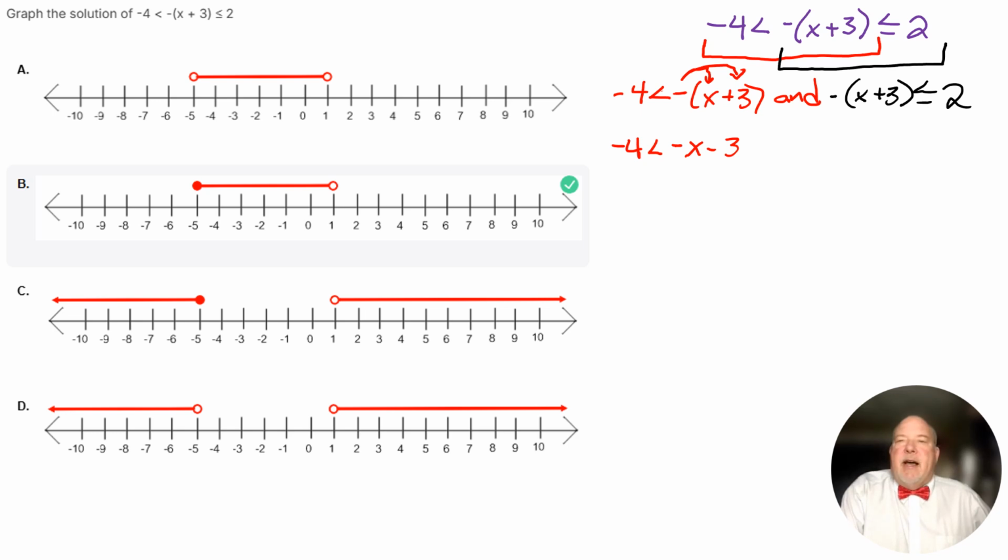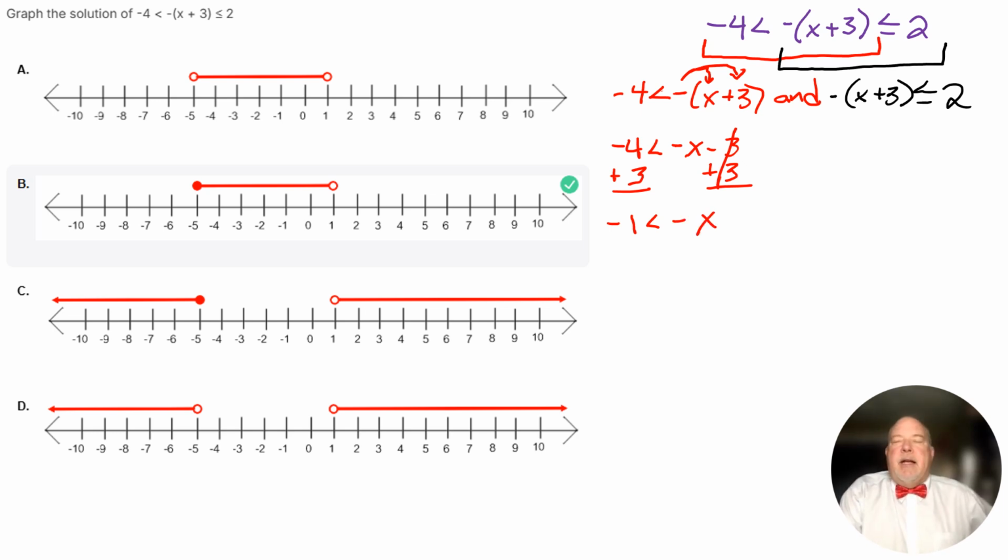Let's solve this one out, and then we'll go over to the next one. The next thing I want to do is add 3 to both sides. You can see I'm using the same steps that I would use if this was an equation. So that goes away. I have -1 is less than negative x.